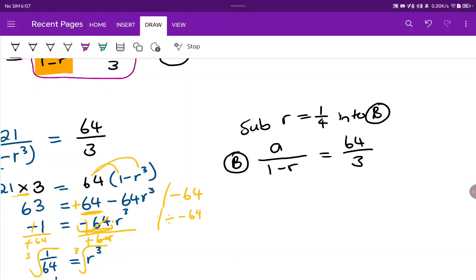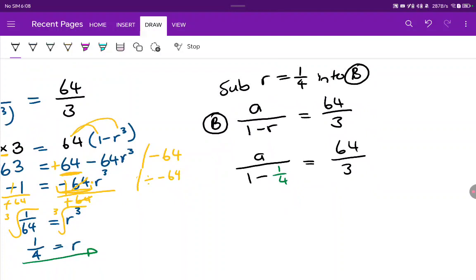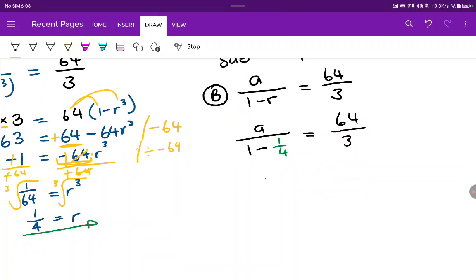And I substitute, I get a over 1 minus 1/4 equals 64/3. Now I can solve the denominator if I want to, or not. If I don't, you can just keep it the way it is. But okay, let's solve it. A over 3/4, because 4/4 minus 1/4, equals 64/3.